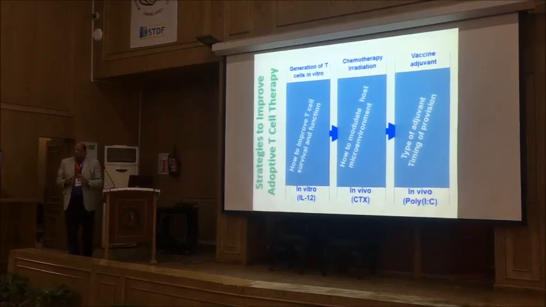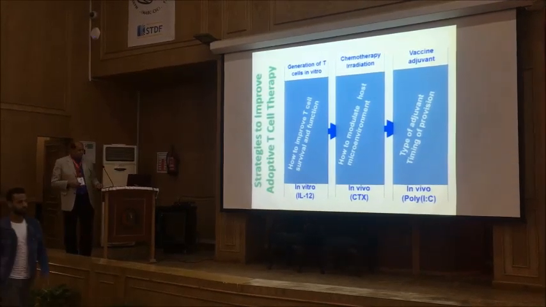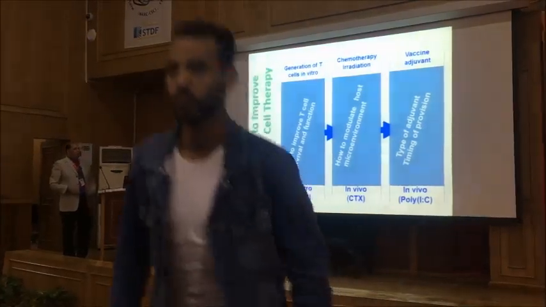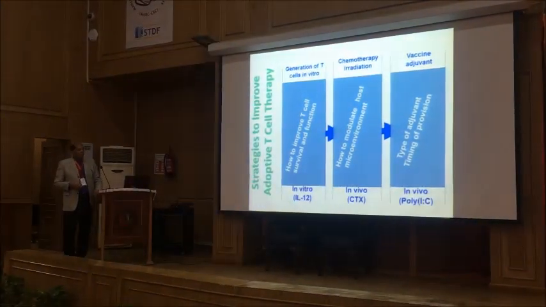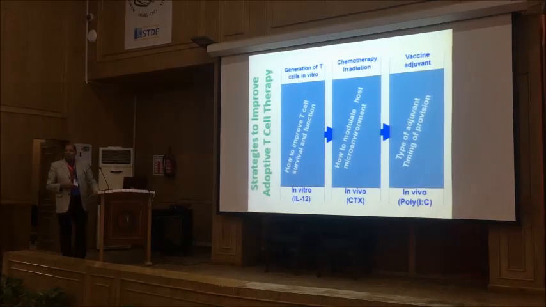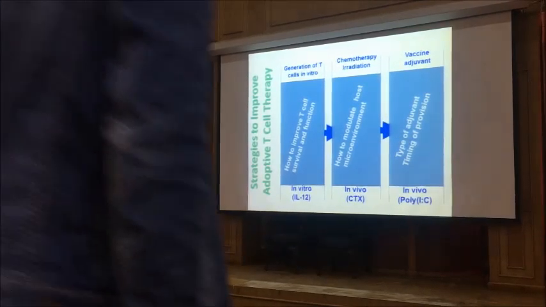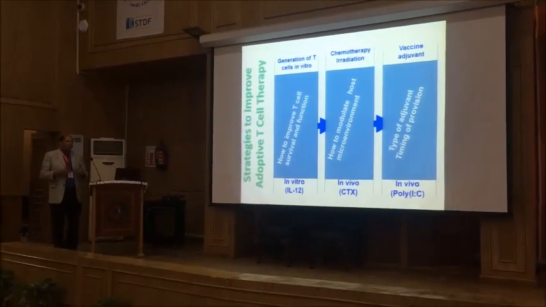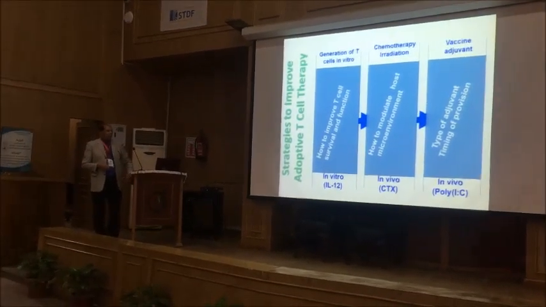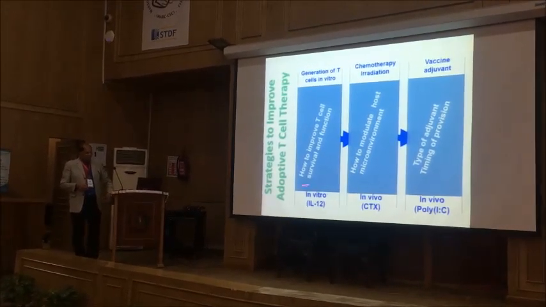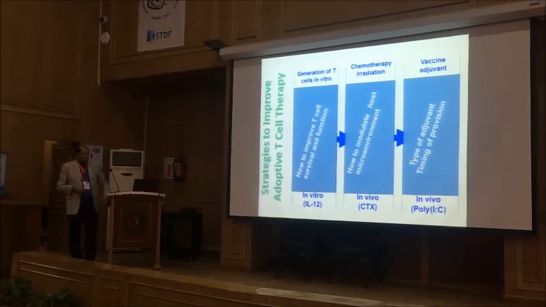Actually, taking these two pathways into consideration, we decided to work on 3 pathways, or 3 concepts. The first concept is generation of T cells in vitro and modifying them in a different way to make them more active and more capable of killing a tumor. We use a different approach using IL-12.